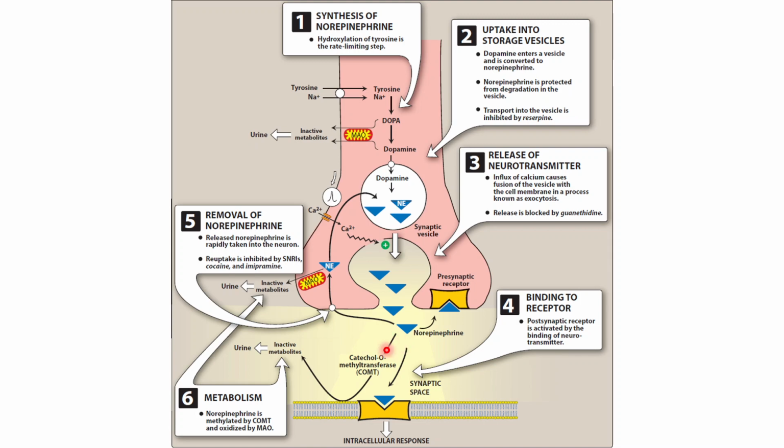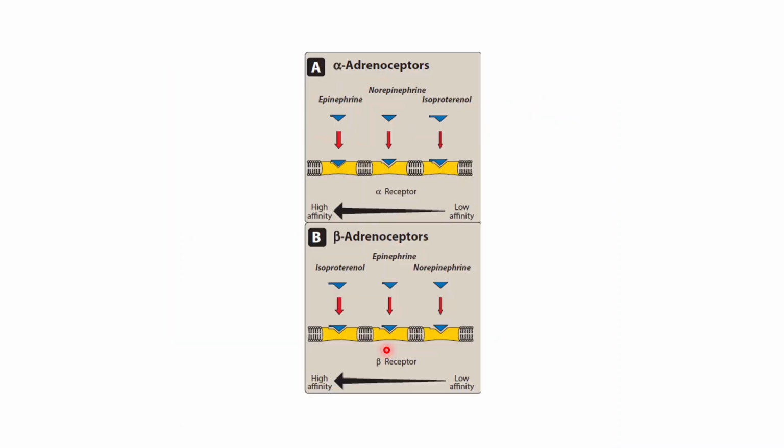Okay, then let's go to the selectivity. There are two families, alpha and beta, and these receptors have different affinity for epinephrine, norepinephrine, and isoproterenol.